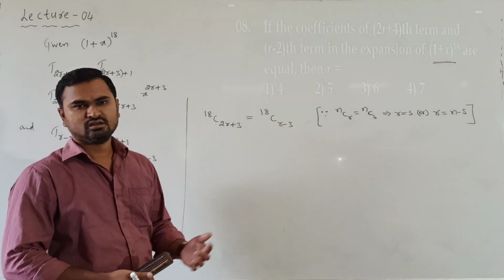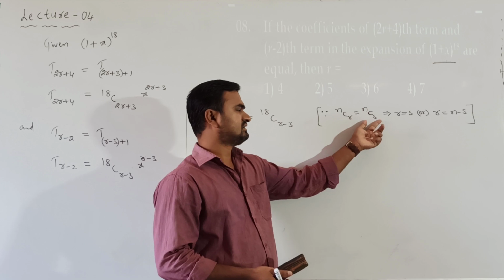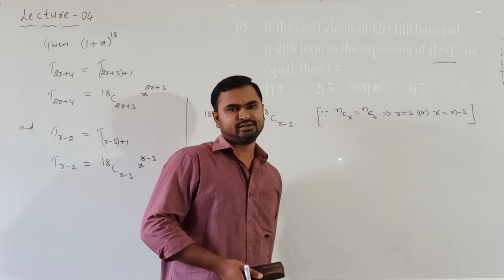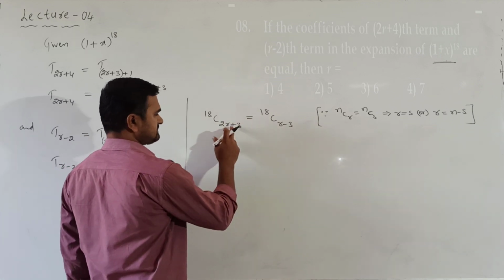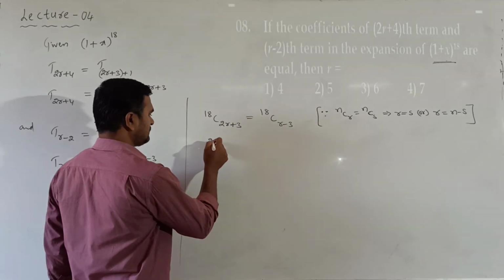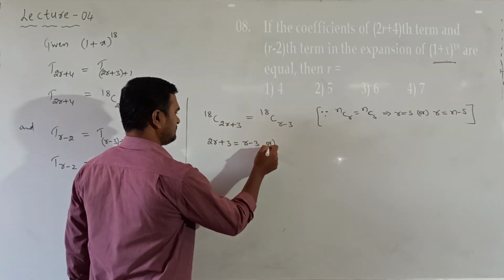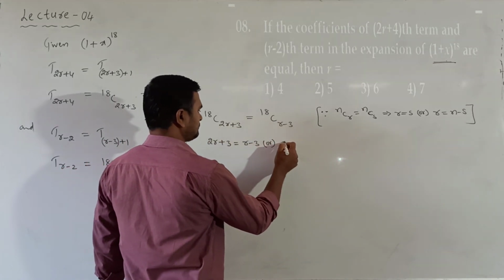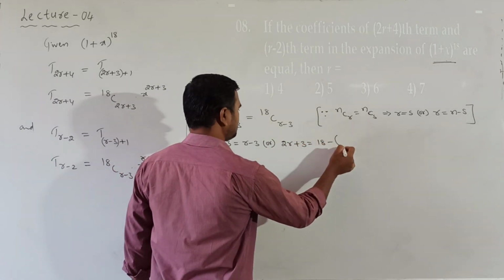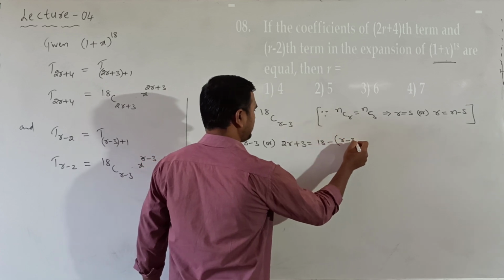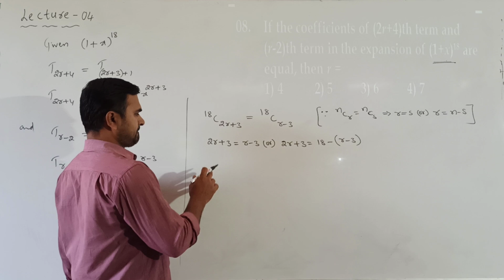Applying the formula, 2r+3 equals r-3, or 2r+3 equals n-s, that is 18-(r-3). So solving this we can find the r value.